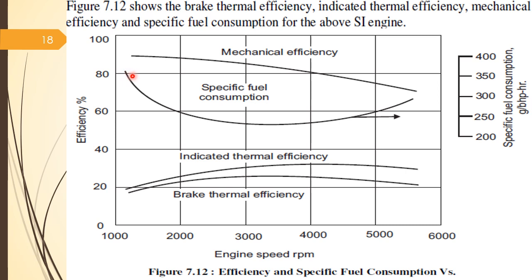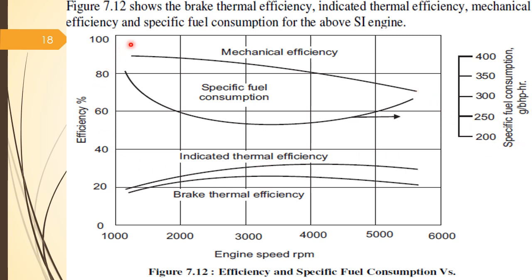The specific fuel consumption you can see is decreasing with increase in the speed, and after a certain speed you can find the specific fuel consumption starts to rise again. Particularly for the petrol engine, when the speed is increased, you can see the mechanical efficiency is continuously decreasing, around 90% to it will reach 70%.